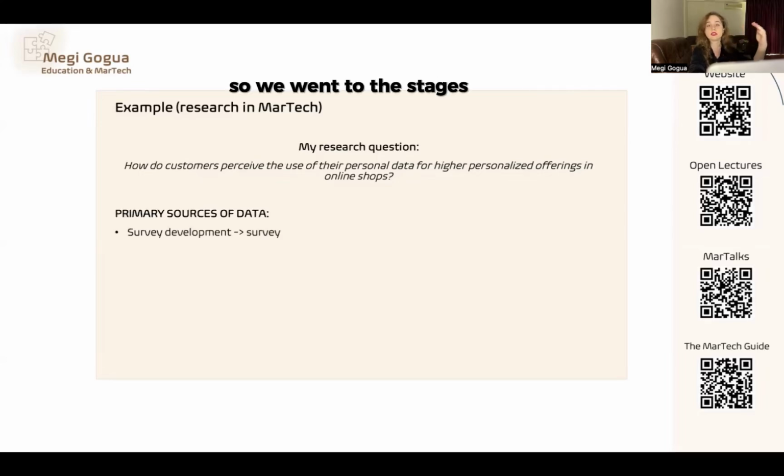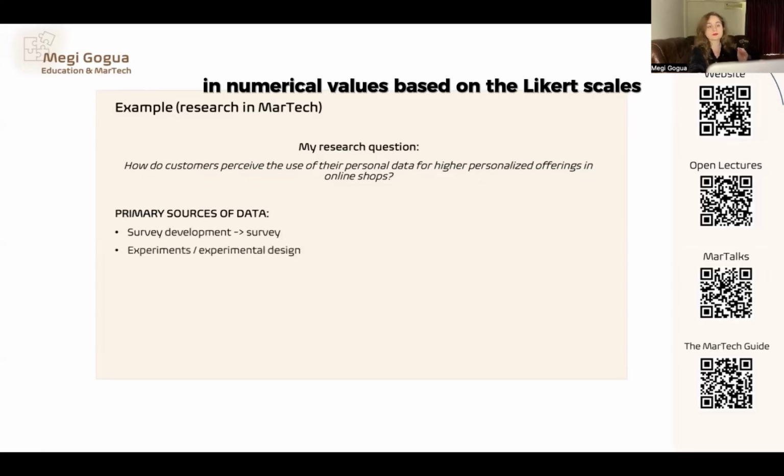So we went through the stages and the blocks, the parameters of the survey, and we had these questions, the variables defined to answer these questions to numerical values based on the Likert scales, experiment and experimental designs.